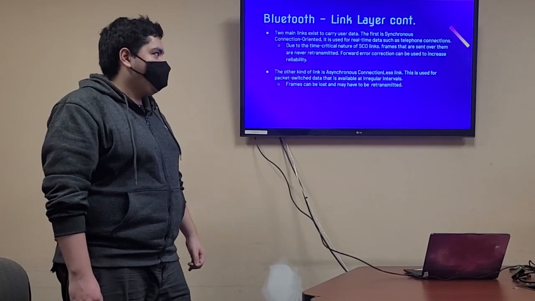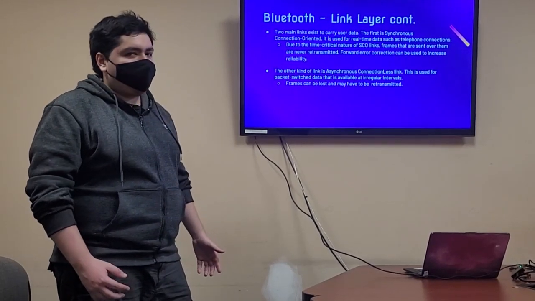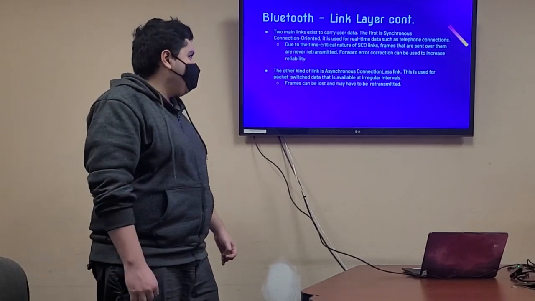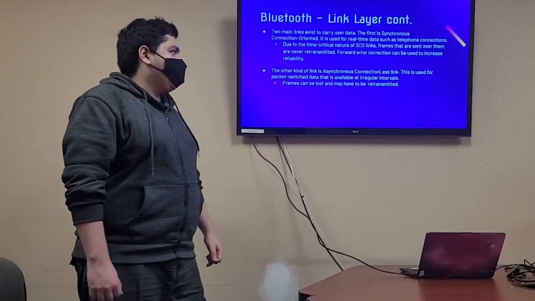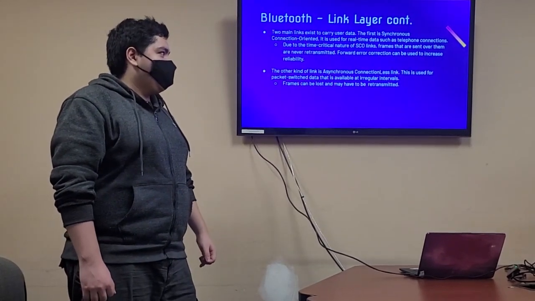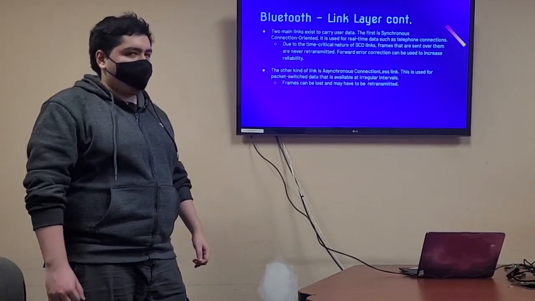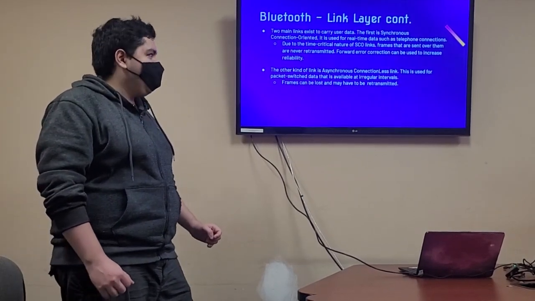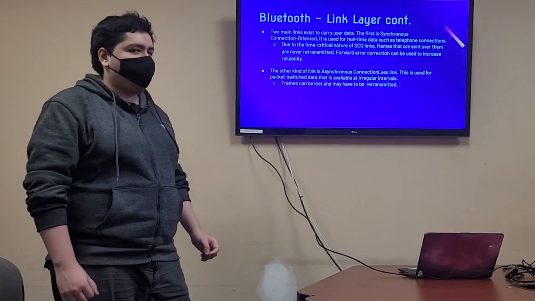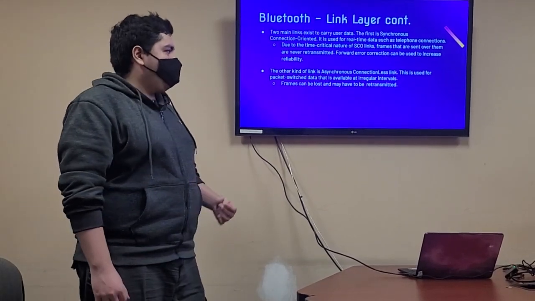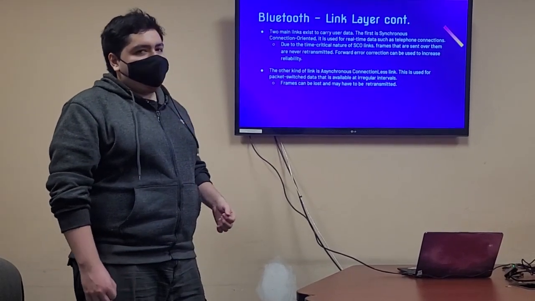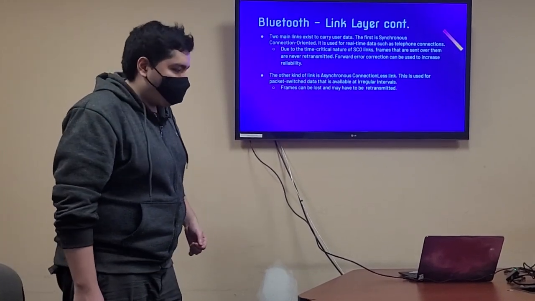Forward error correction can be used to increase this reliability, however. The other kind of link is the asynchronous connectionless link, and this is used for packet-switched data that is available at irregular intervals. Frames can be lost, and they can be retransmitted if they need to be.